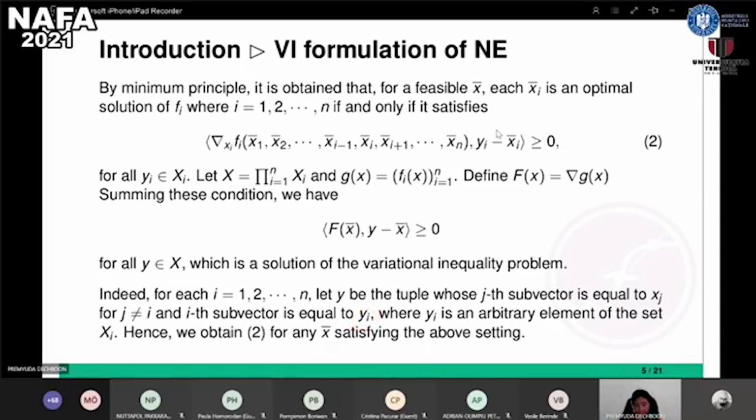So we can have that. In other words, x bar satisfies the variational inequality problem. So we can conclude that x bar is a solution of the Nash equilibrium problem if and only if it is also a solution of the variational inequality problem.